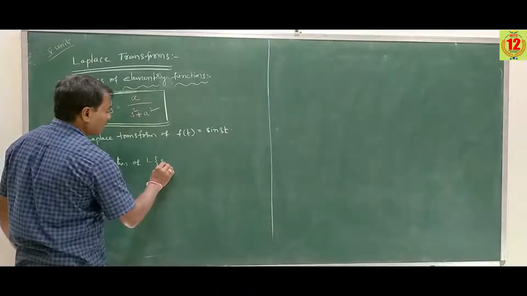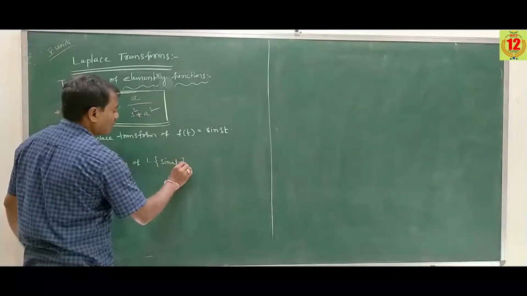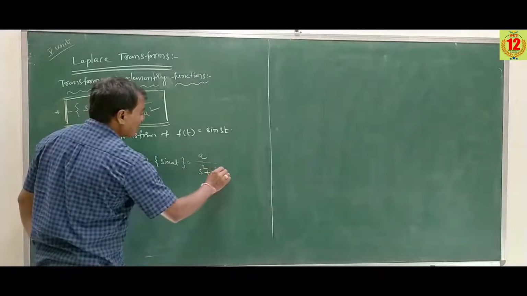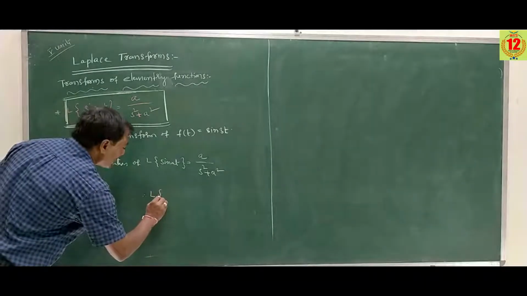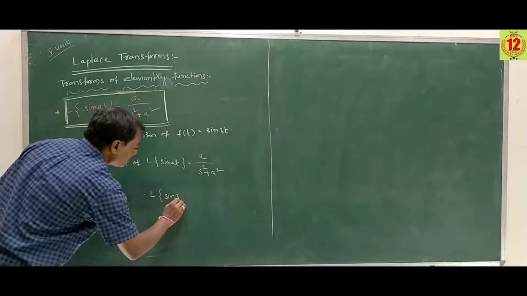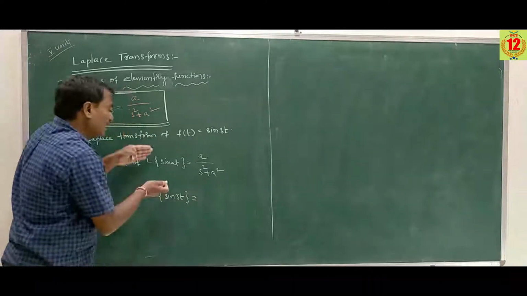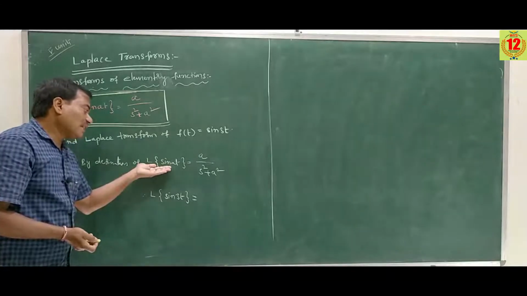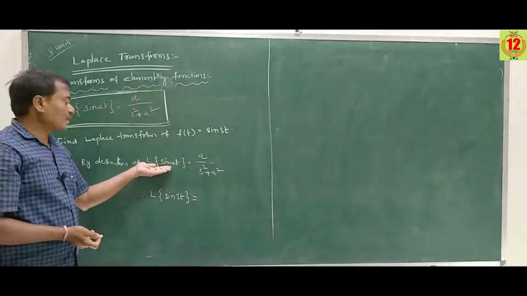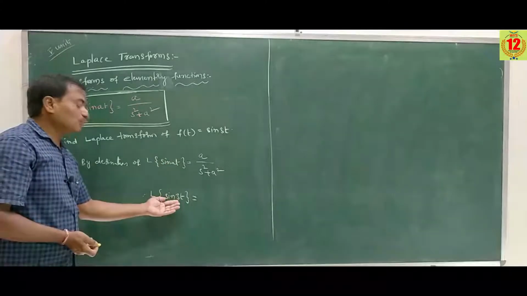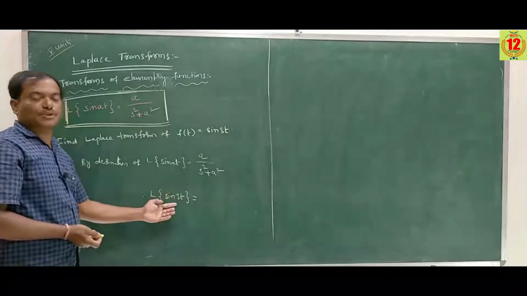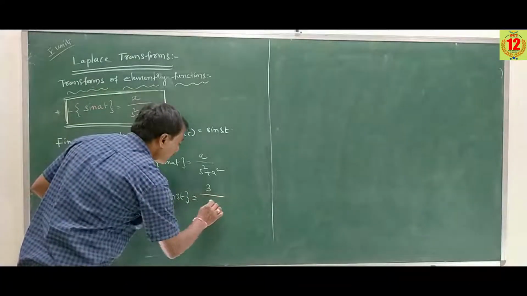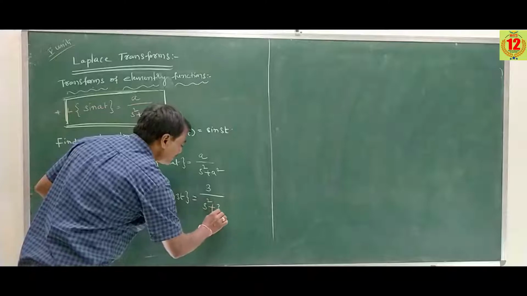Laplace transform of sin at equal to a by s square plus a square. Therefore, Laplace transform of sin 3t: comparing with the left hand side of the standard formula, a equal to 3. So we substitute a equal to 3, giving 3 by s square plus 3 square.